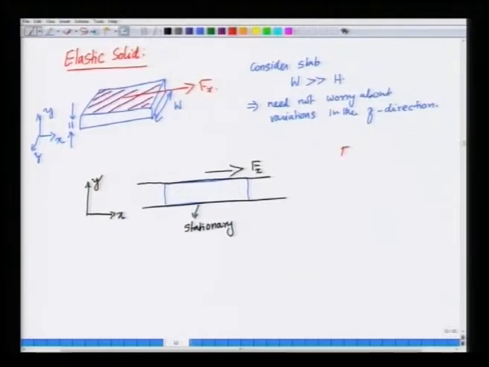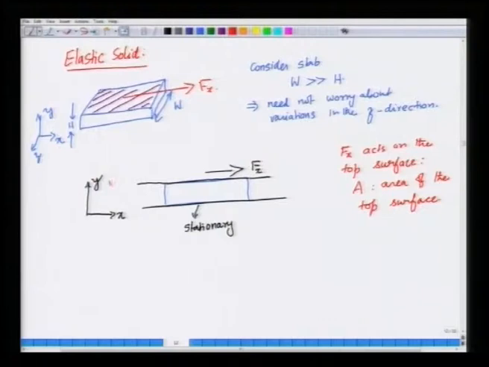Fx acts on the top surface, and let the area of the top surface be A. The top surface is at y equals h, the bottom is at y equals 0, and the thickness is h.